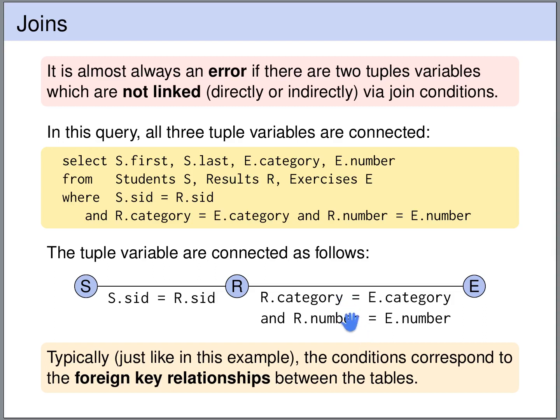The category and the number together are a foreign key referencing the exercises table. And this join condition exactly expresses that the category and number of the result has to match the key of the exercises tuple. And this is not an accident, this is the usual scheme. It's very common that the join conditions for these tables will correspond to precisely these foreign key relationships.